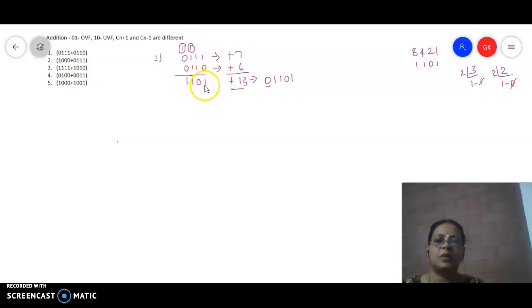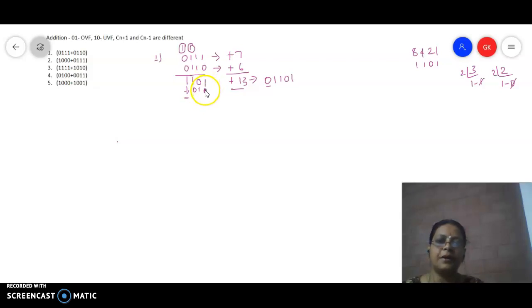But the answer you have got is 1101. How will you interpret this answer? This 1 indicates it is a negative number, and if it is a negative number, we all know the computer will take the number only in 2's complement representation. So to find the magnitude, you have to take the 2's complement. Taking the 2's complement, this one will be the same, and here it will be 1 and then 0.